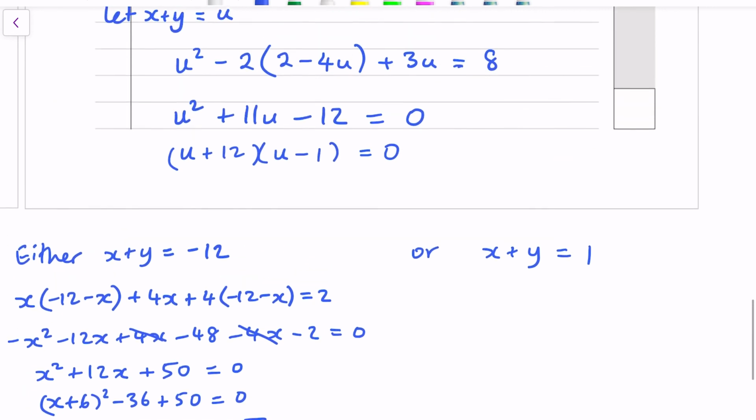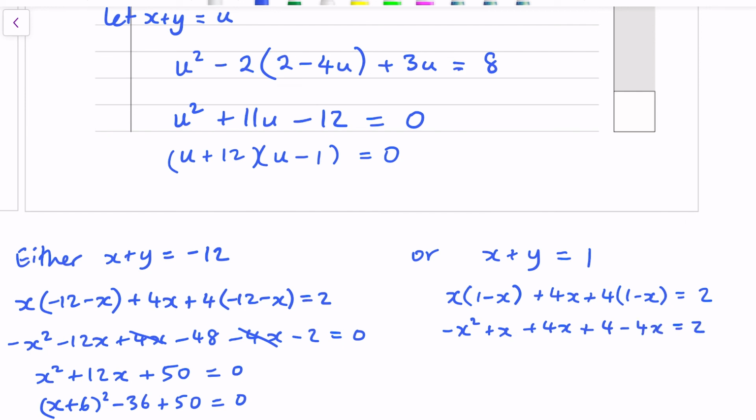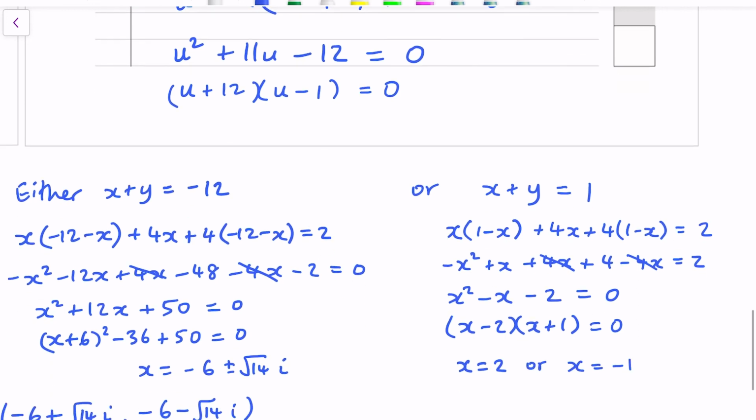Okay, the other one is if x plus y equals 1. So if I sub that one into equation 2 and expand it out, I've got x squared minus x minus 2 equals 0, (x minus 2)(x plus 1), so x is equal to 2, or x is equal to minus 1.